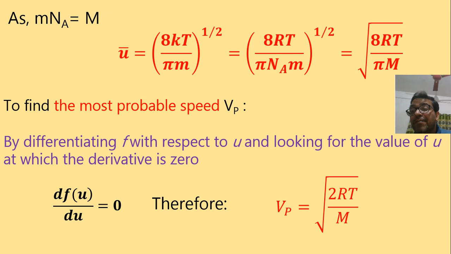So df by du, where f(u) is the number of molecules with this particular velocity, should be 0 at the maximum. So the most probable velocity is root under 2RT by M. Here also the most probable velocity is directly proportional to the square root of the temperature, and the rest of the terms are constant, because R and M are constants.